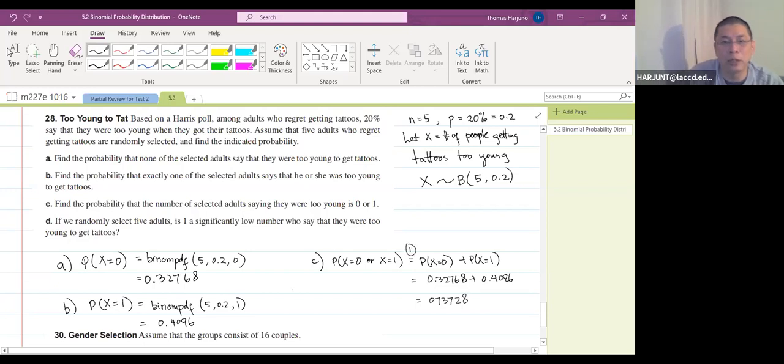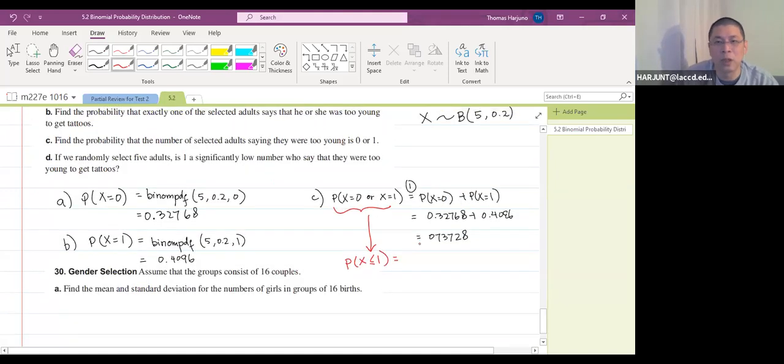But that's one way to do it. If you think about this, the event they asked for here is the same event as the probability that x is at most 1. That is binomCDF(5, 0.2, 1).